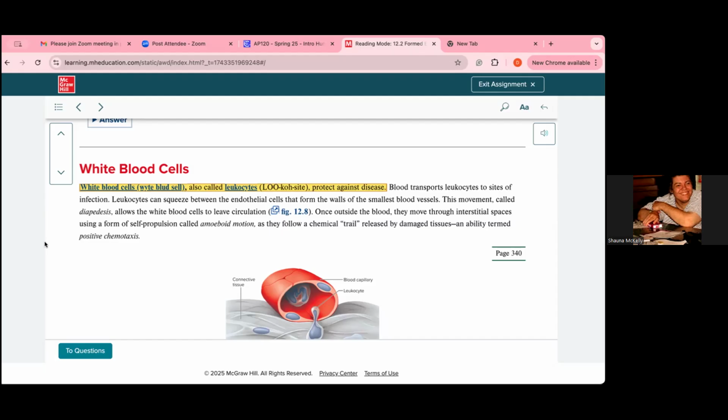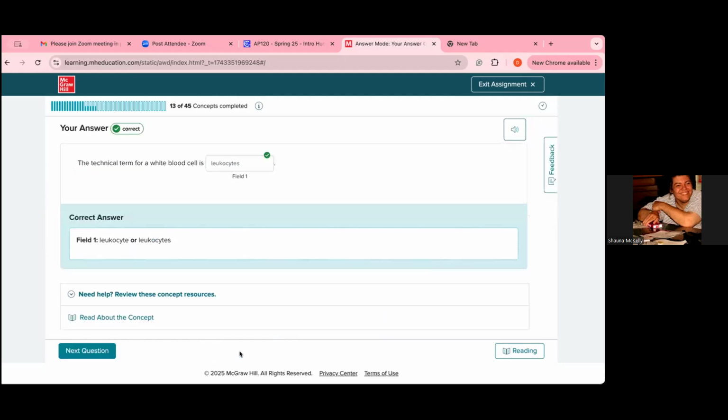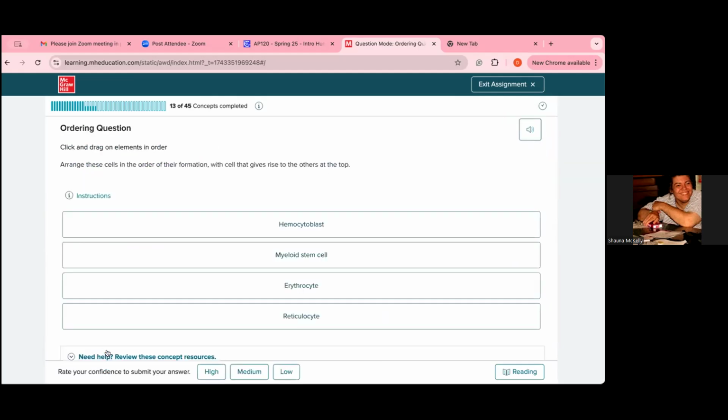So the word they're looking for is the word in blue there. Leukocytes. Okay, good job.